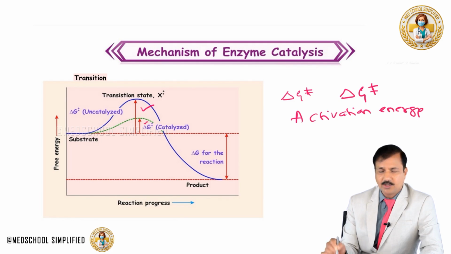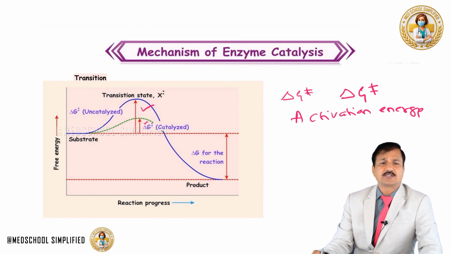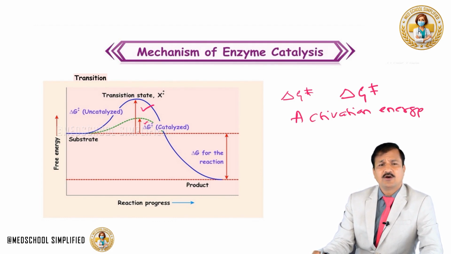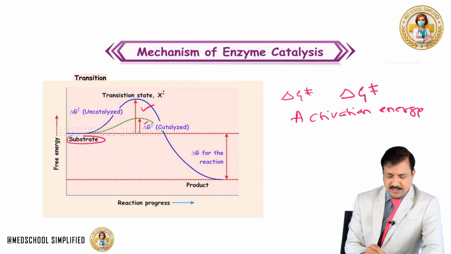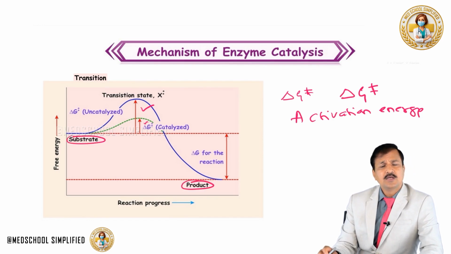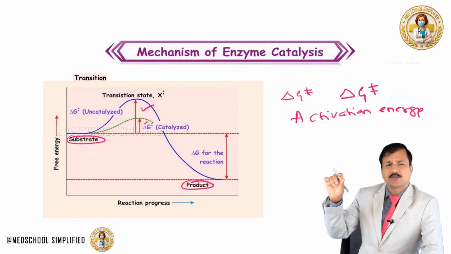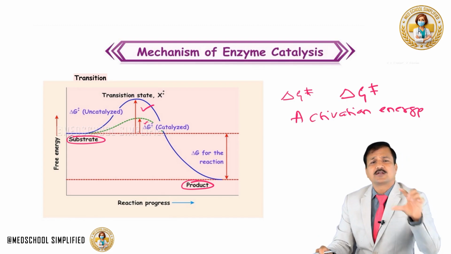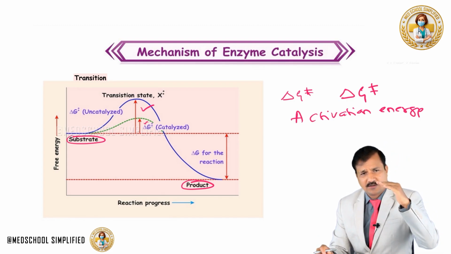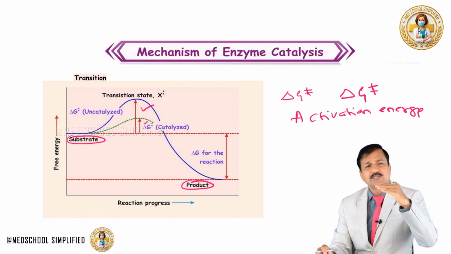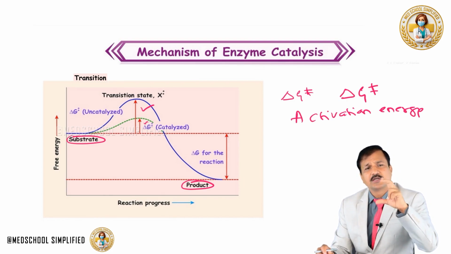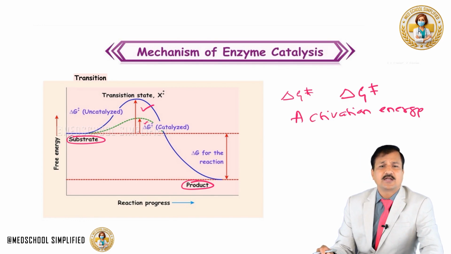So what enzymes simply do is they lower the activation energy, thereby enhancing the rate of reaction. Now see the energy difference between the substrate and the product. When you compare the catalyzed and uncatalyzed reaction, it doesn't change, because in both reactions the energy of the substrate and the energy of the product are at the same level. So there is no change in the energy of substrate and energy of product between catalyzed and uncatalyzed reaction.